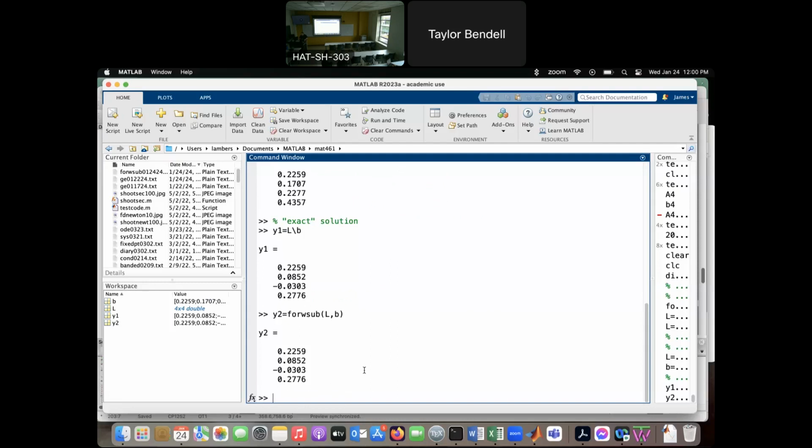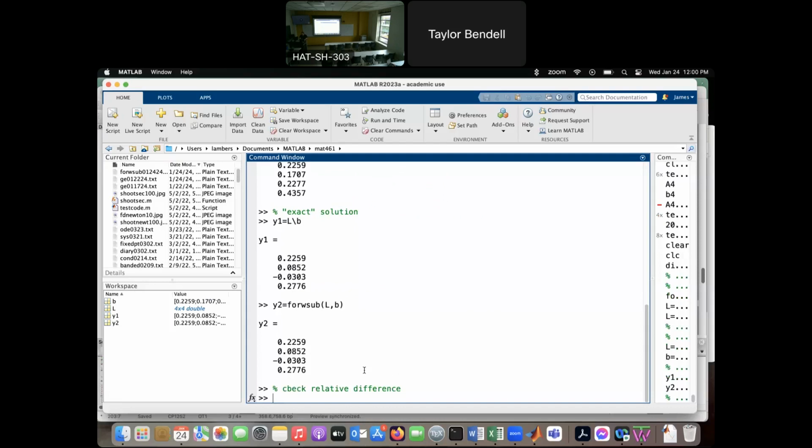They appear to match, but I want to make sure. So, this is a concept from last semester, relative error. What I can do is take the norm of the difference between these two y vectors divided by the norm of what I'm treating as the exact solution, so y1, and this ought to be small. Wow.